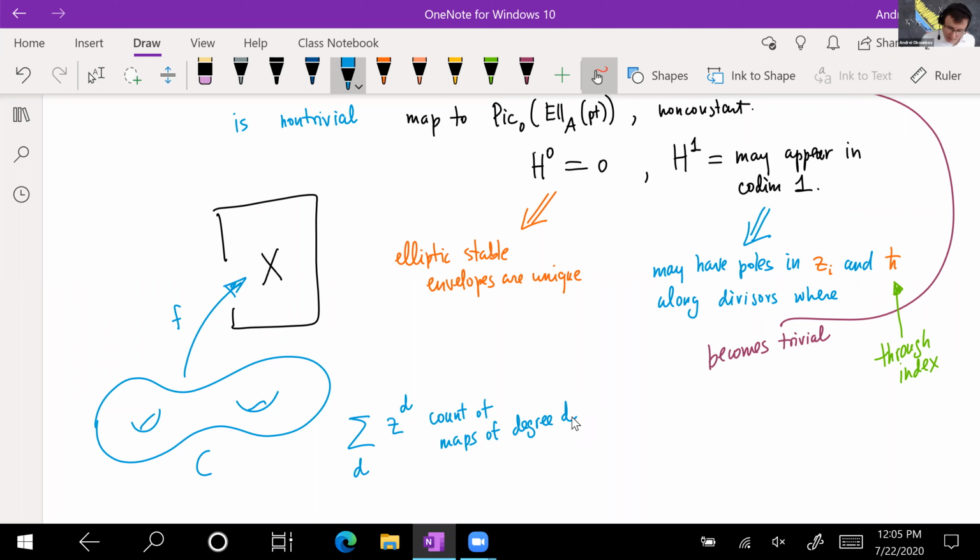The reason I'm reminding you of this is that this is the same variable. These are the dynamical variables.